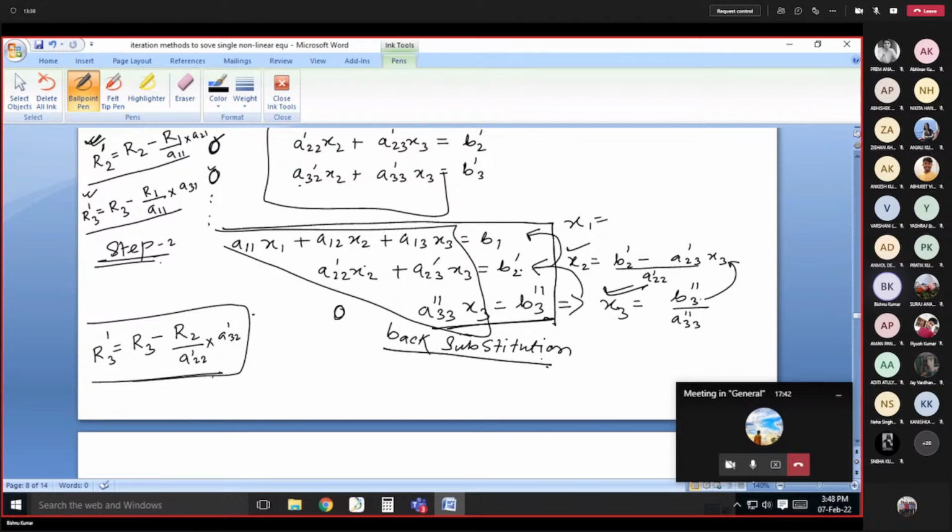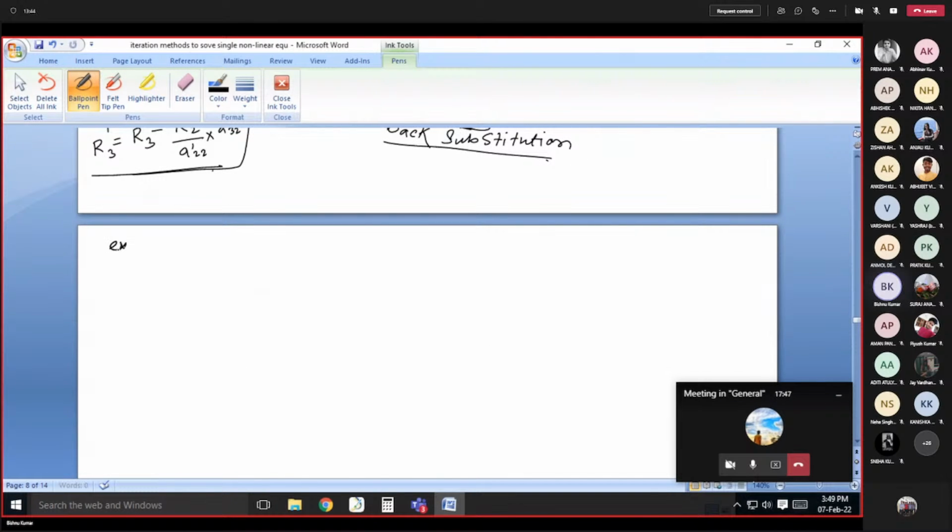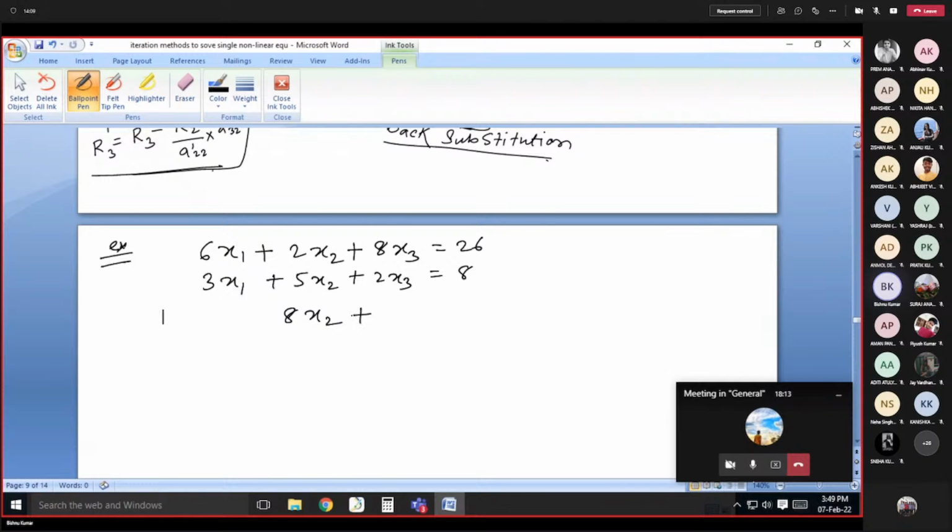Quickly, try to solve it. If I ask you a numerical example, it will be clearer to you. Suppose, as well as the algorithm, I will tell you: x2 plus 8x3 equals 26, and 3x1 plus 5x2 plus 2x3 equals 8, and 8x1 plus 8x2 plus 2x3 equals -7.